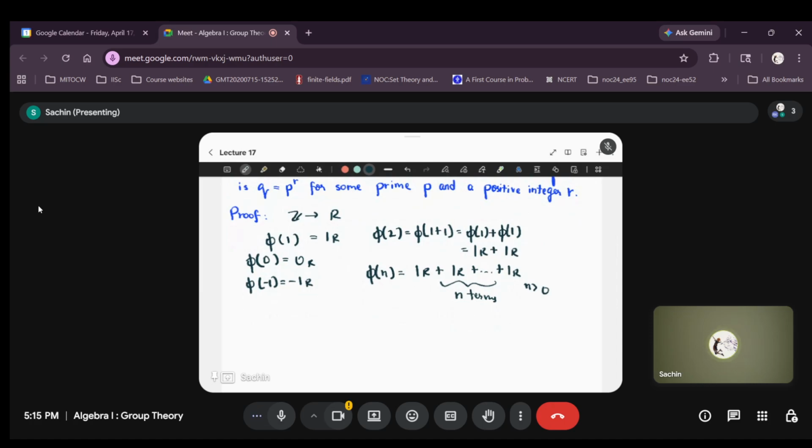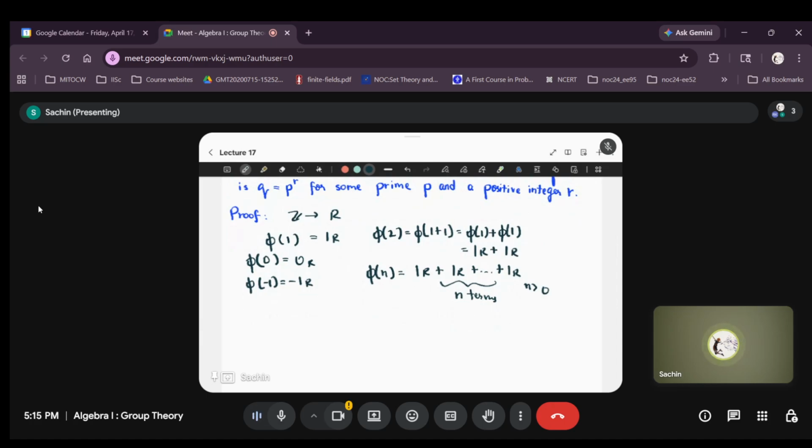So just from 1_R and the addition in the ring R, what is 1_R plus 1_R? That will depend on the ring R. But just from that, the homomorphism is completely specified. There is no other flexibility here. These must be the values of phi of 1, phi of 2, phi of 0, phi of minus 1.